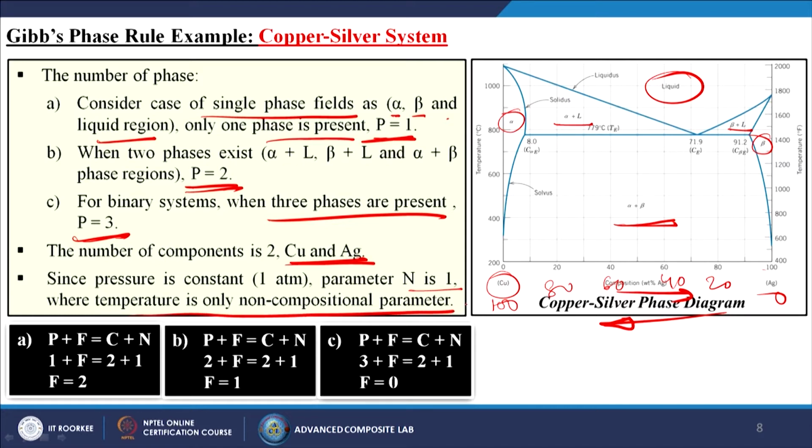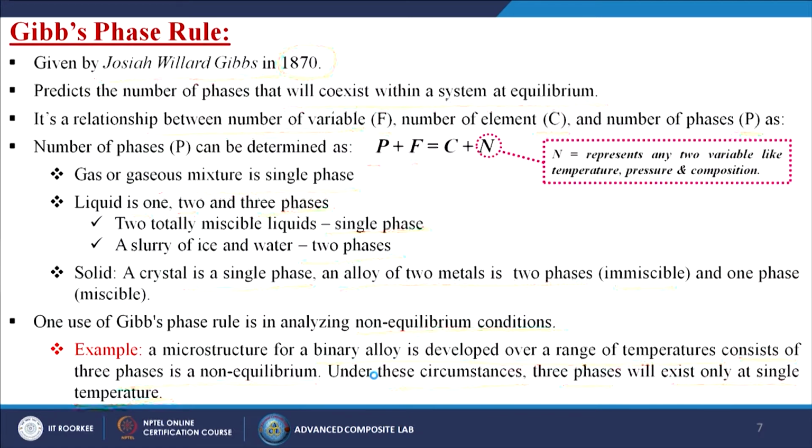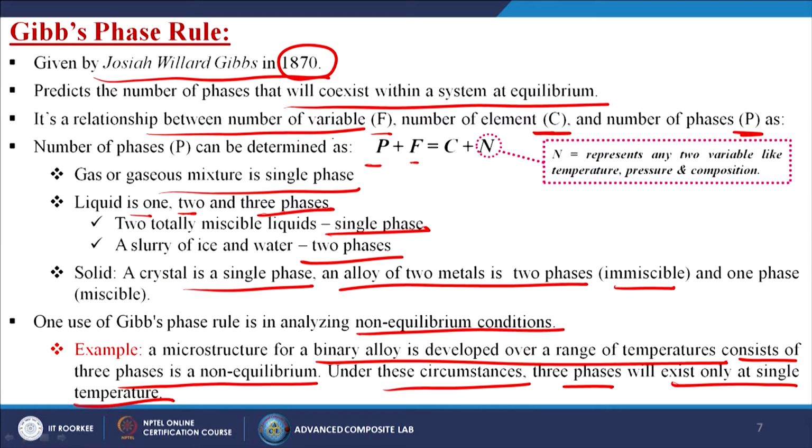From the Gibbs rule, for the first case A, P plus F is equal to C plus N. Here P is equal to 1, C is equal to 2 and N is equal to 1, so F is equal to 2. In the next case the F value is 1, and in this case F is equal to 0. And what is F? F is the number of variables.